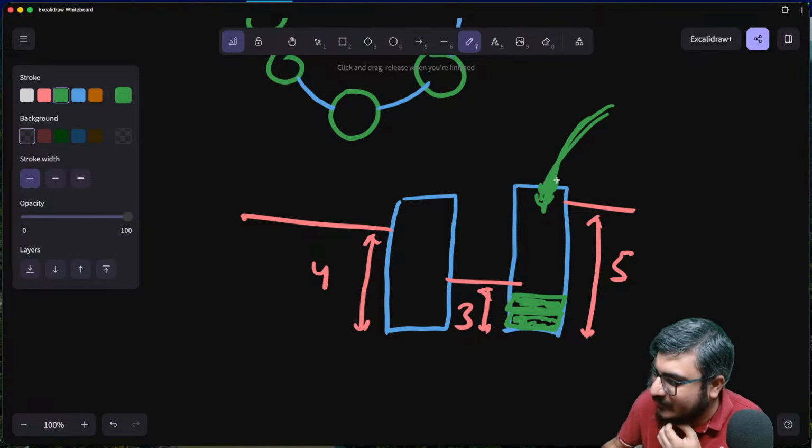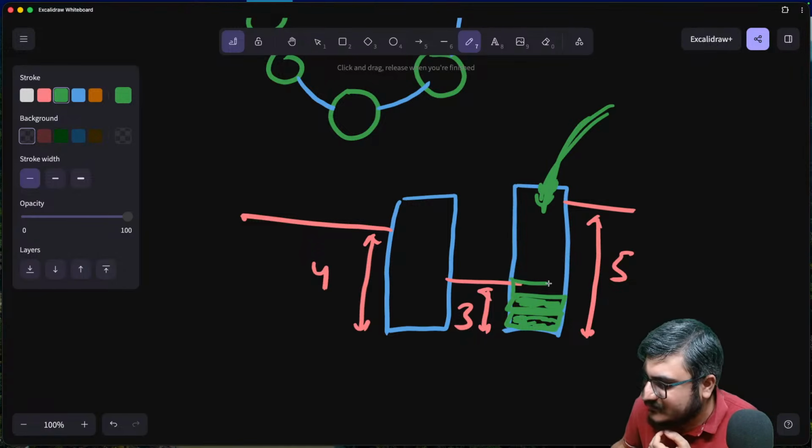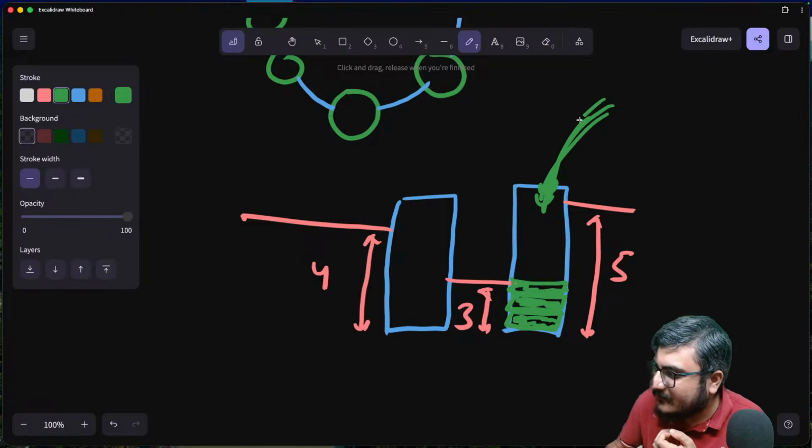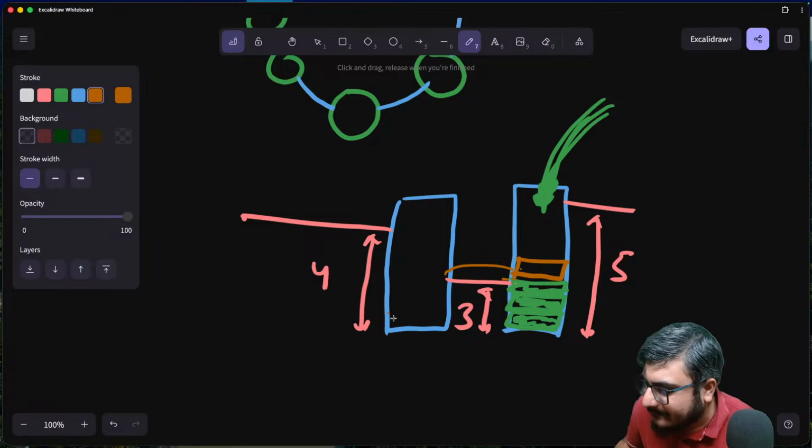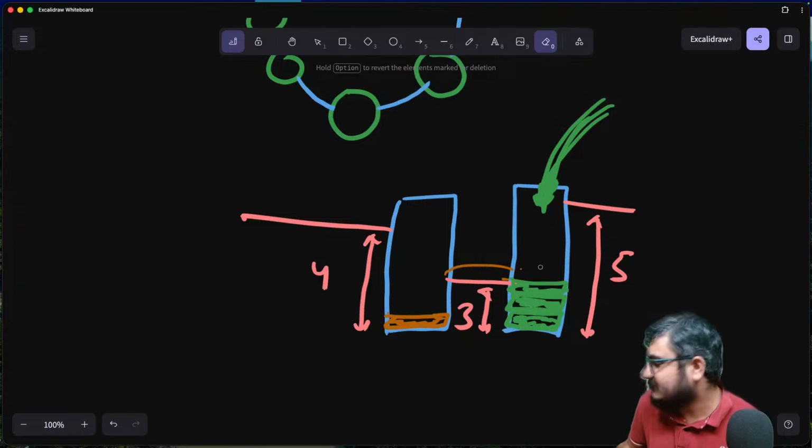And when you add 1 more liter of water, this water would look like this. Now when you add 1 more liter of water, it will come over here. But because you have a pipe of height 3, all of this water will shift over here. And you will end up creating 1 liter of water.